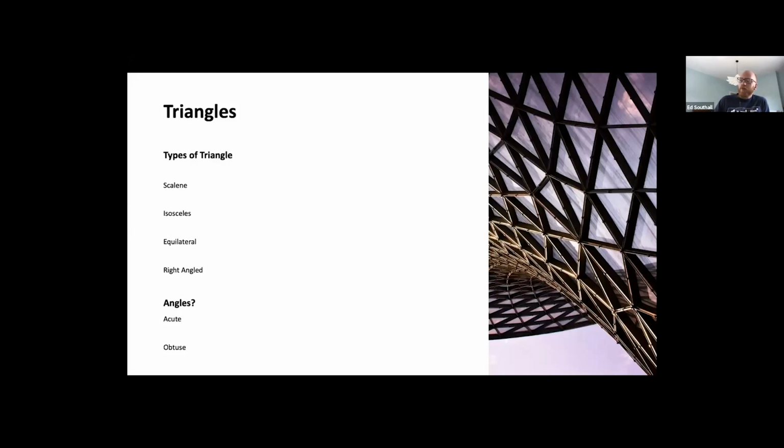And then we have some descriptions of angles. We have acute, a bit of a weird word, and obtuse, which we do use in some other contexts. So acute just means sharp. If you think of an acute angle, it looks a bit like a sharp point because you can jab people with it. That's why it's called acute. And obtuse, no surprises, means blunt.